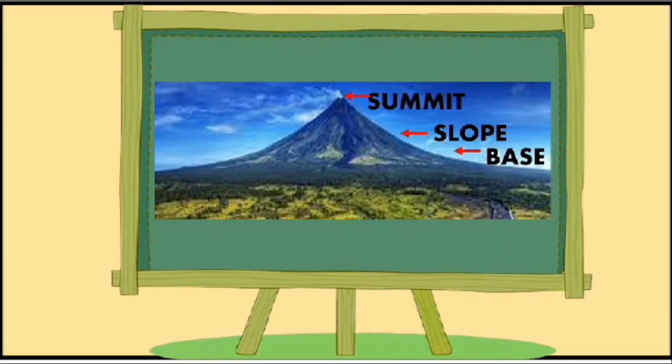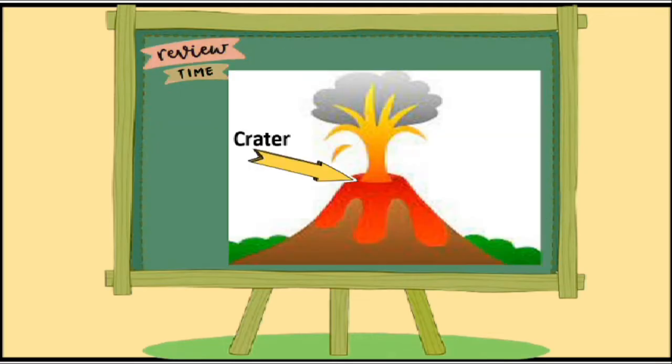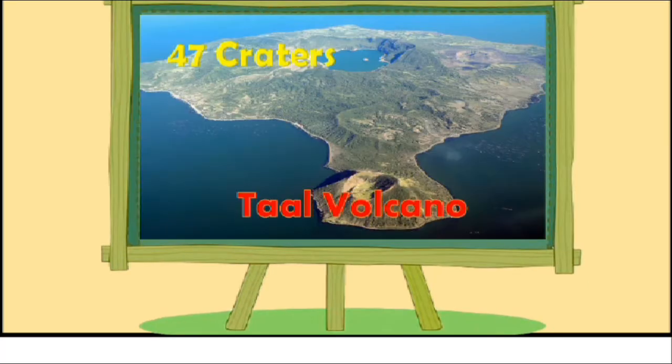At the summit, the crater is located. The crater is a funnel-shaped depression at the top of a volcano formed as a result of explosions. It is the mouth or the opening of a volcano. The Taal volcano in Batangas has 47 craters.